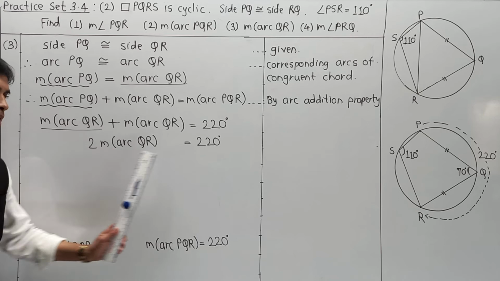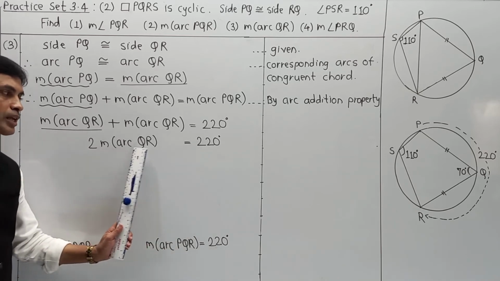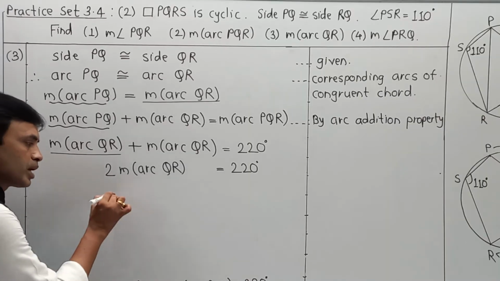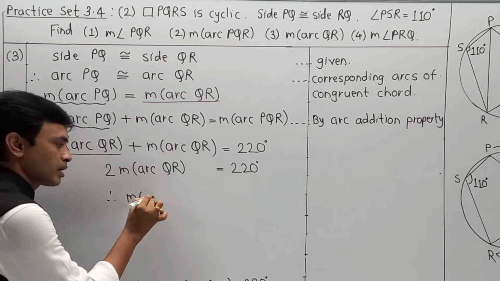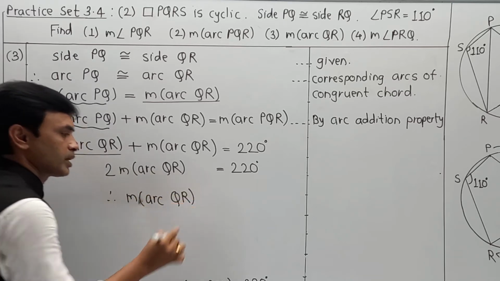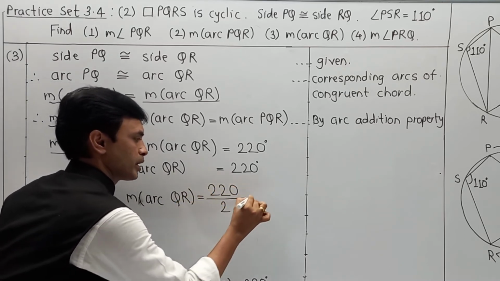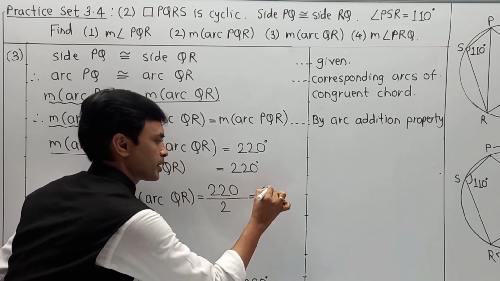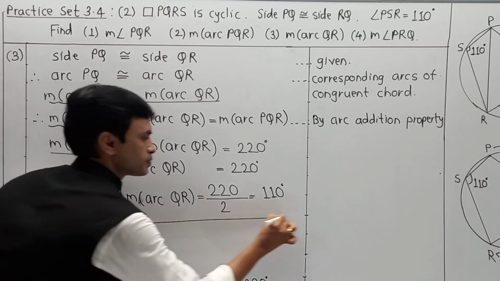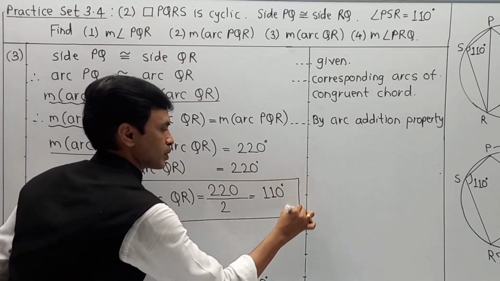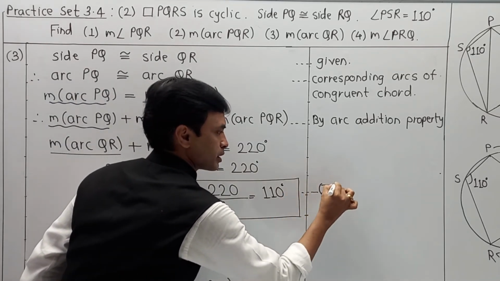Naturally, this 2 is multiplied, so I am shifting it over as divided by. So 220 divided by 2, your value of major arc QR becomes 110. So your answer is major arc QR is equal to 220 divided by 2, and that becomes 110 degree, and that is also one of the answers over here. This is your third answer, so I am going to give it as number 3.